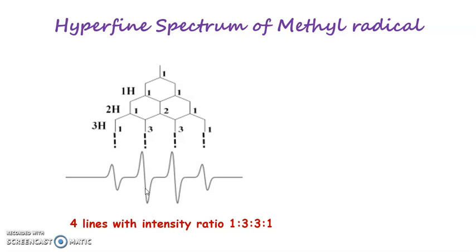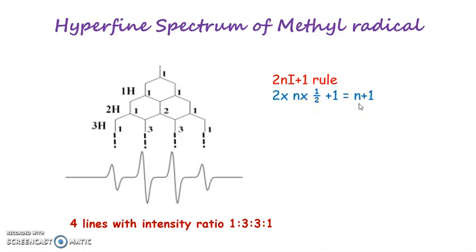All the observations are consistent with the 2NI plus 1 rule. Here, I is equal to half for a radical, since it is only a proton. So 2NI plus 1 becomes N plus 1.